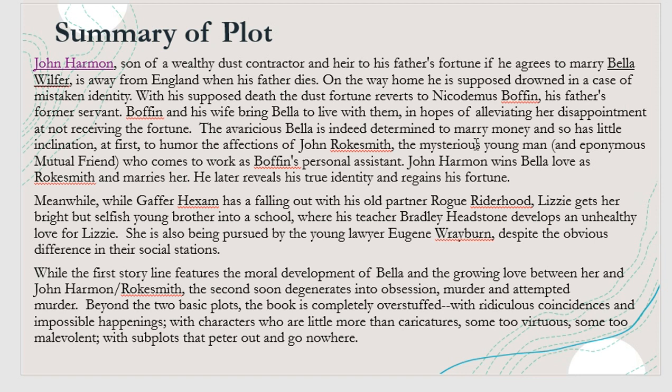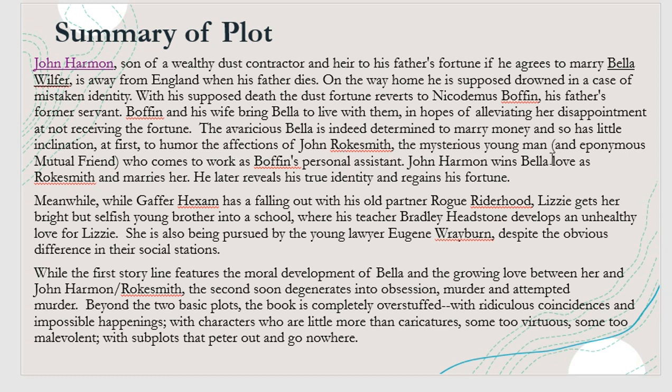That's why suddenly John Rooksmith appeared as a secretary to Mr. Buffin, and he is a mysterious young man. Nobody realized who he exactly was, and at the same time, it's the eponymous Our Mutual Friend, who comes to work as Buffin's personal assistant.